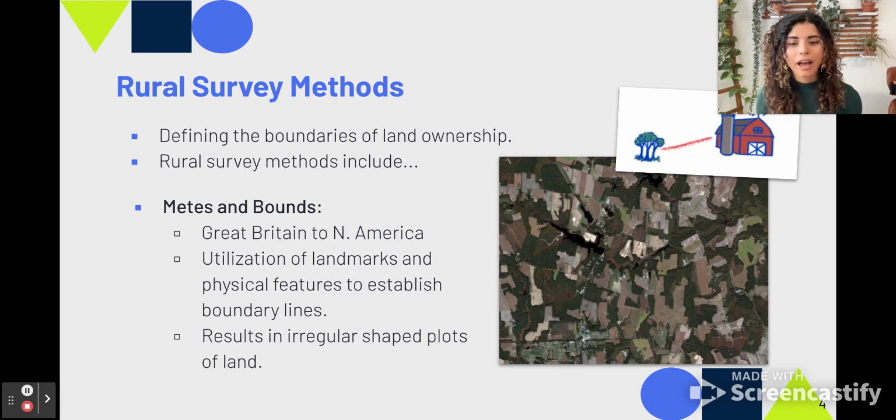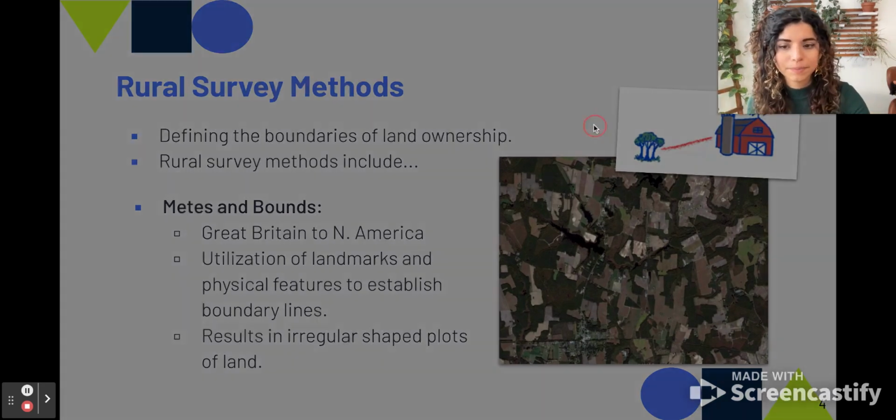Because of that, we do see a lot of irregularly shaped plots of land, irregular sizes. Like in this image here, for instance, you'll have an imaginary line going from a barn to a tree, or from one landmark to another landmark. And that's how they decide to establish various boundaries.